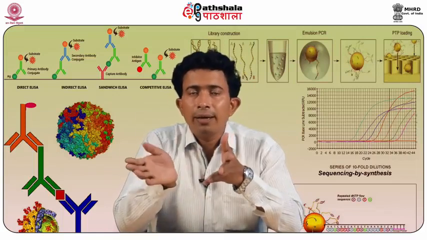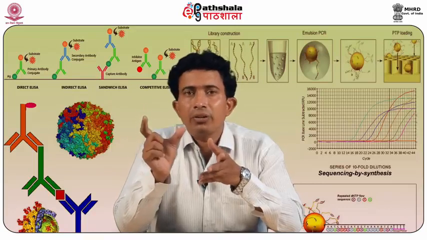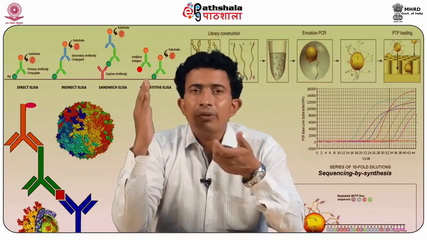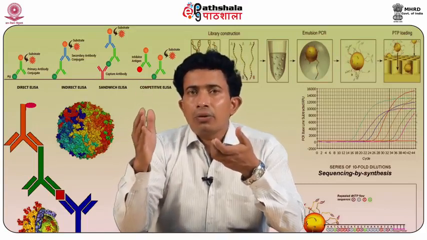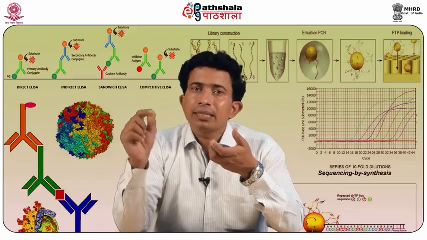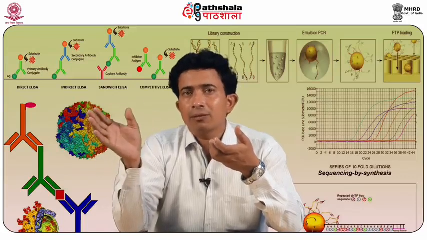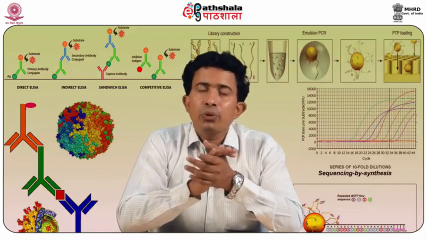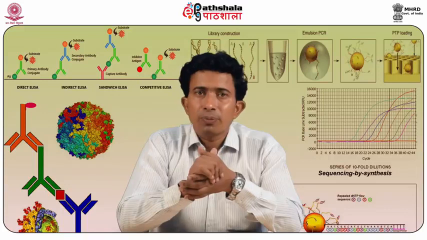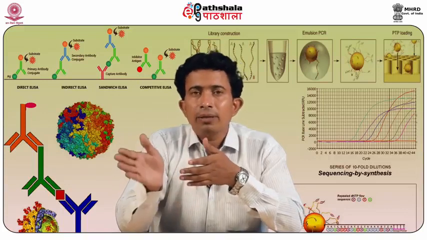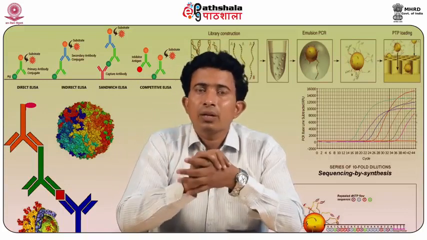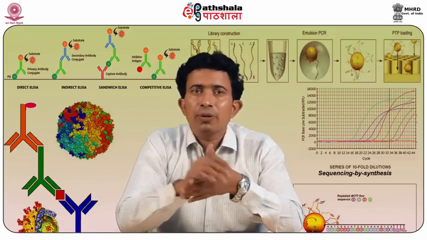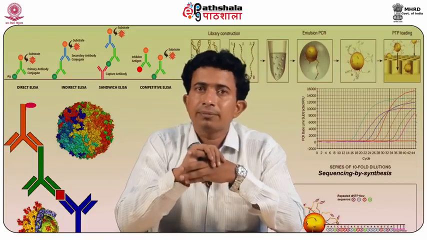So it involved labeling of that DNA molecule with a radioisotope and then degrading the nucleotide at specific positions by using specific combinations of chemicals. So this method was successful initially, but due to the radioisotopes and being time consuming and labor intensive, the method was not very popular and it was not used frequently for commercial purposes.